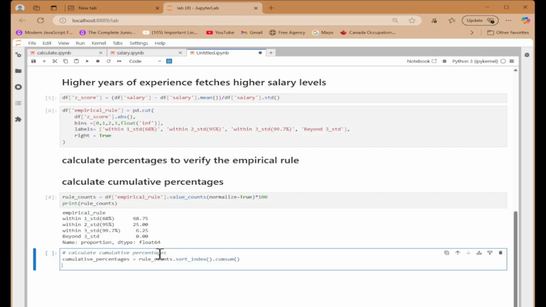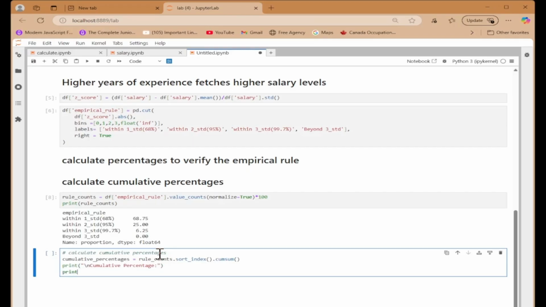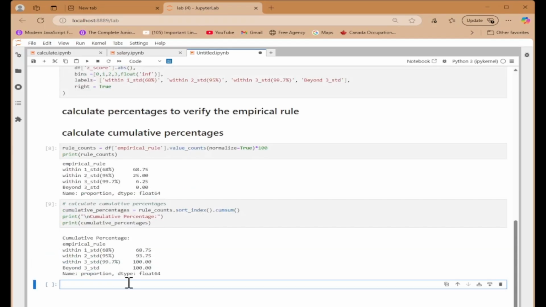Okay, now let's print, in the next line, cumulative percentage. This is just the printing of the title. And print here we will show cumulative percentages. This will render that. Okay, shift enter. You see, now you see here the cumulative percentage. Cumulative basically means adding up the categories. Okay, so 68.75 plus 25 is 93.75 plus 6.25 is 100. That is, we got the cumulative.